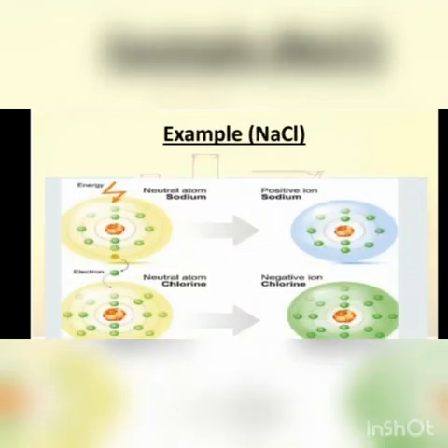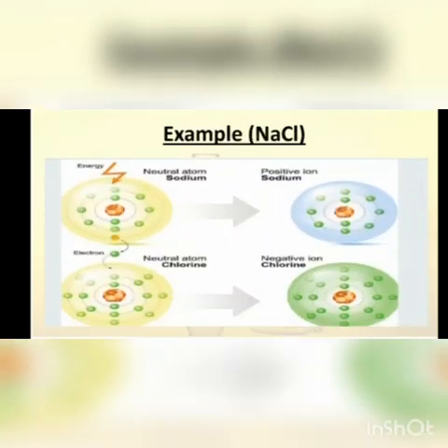So let's see NaCl. How is NaCl formed? Look at the diagram. The first atom is a neutral sodium atom. Whenever it gains energy, it loses the electron and becomes a positive ion, a cation. Means now it has the electronic configuration of a noble gas by losing this electron, and this electron is received by the chlorine atom. Now the chlorine atom by gaining this electron becomes the negative ion.